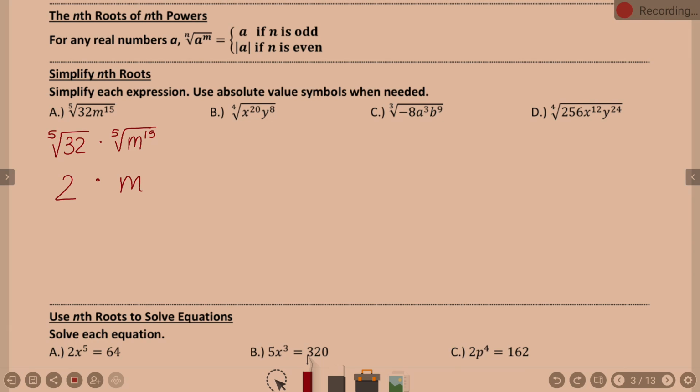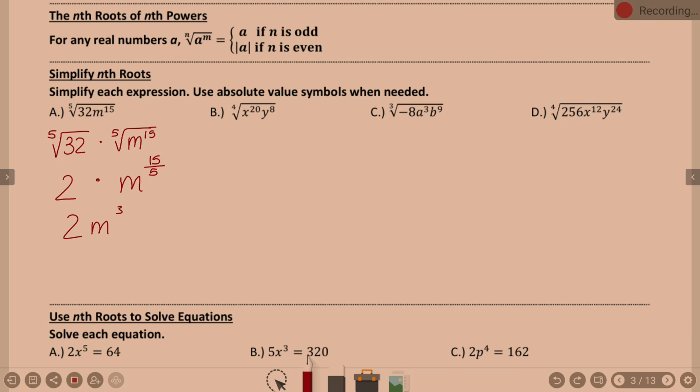You've got a 50-50 shot here. 5 over 15 or 15 over 5? 15 over 5, yes, because the index is always your denominator, your power is your numerator. What do you know about 15 over 5? It's 3. So I have an answer of 2m to the third.